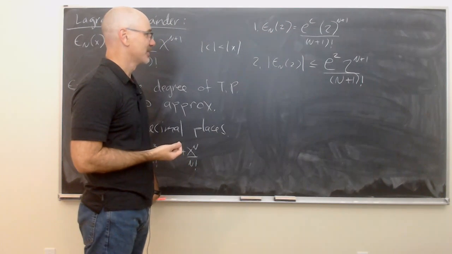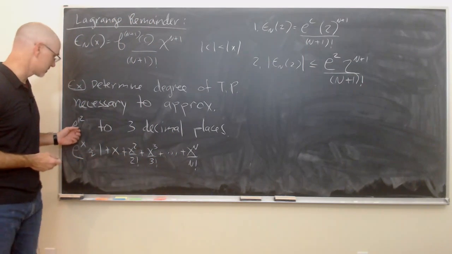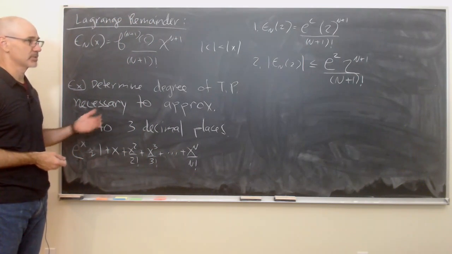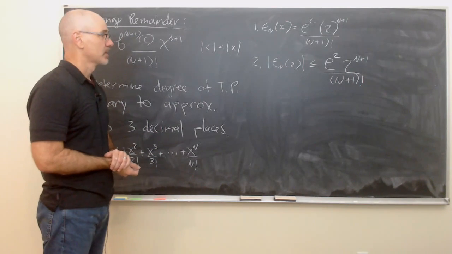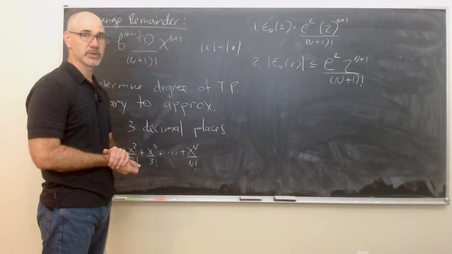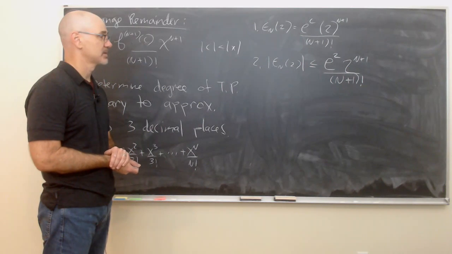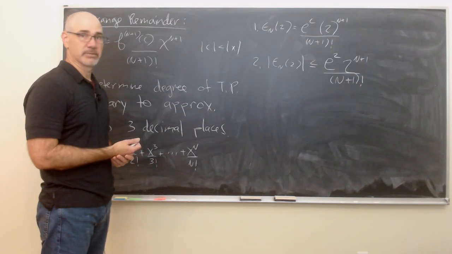But that's still not quite good enough because the e squared, that's the thing we're supposed to approximate to begin with, so we don't want it to appear in this expression either. So we want to get a decent upper bound for e squared. And we use the fact that e, which is about 2.718, is less than 3.